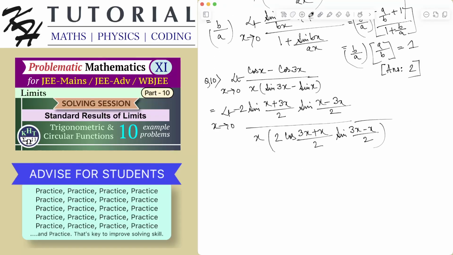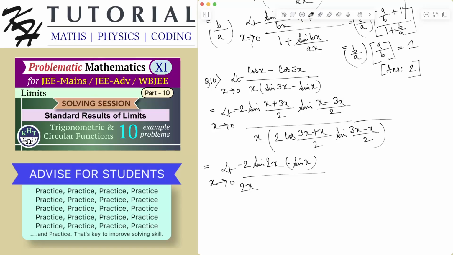So this becomes limit x tending to 0. So sin x plus 3x by 2 is sin 4x by 2, which is sin 2x. So we have minus 2 sin 2x, and sin x minus 3x by 2 is sin minus 2x by 2, that is sin of minus x, which is minus sin x, divided by x twice x.